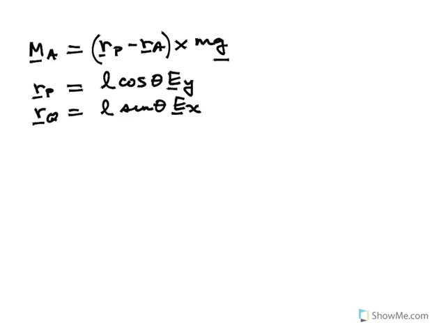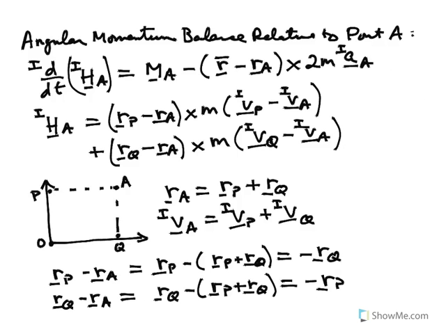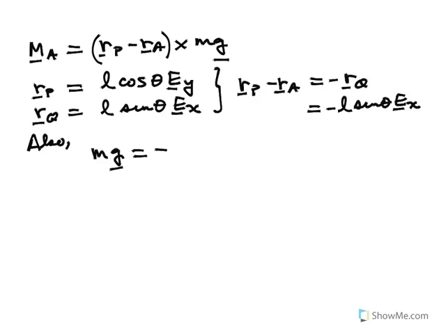Now we know that RP minus RA is equal to, well, let's go back to what we did before. It's equal to minus RQ. So that's equal to minus L sine theta times EX. And then we also know that mg is equal to minus mg EY.